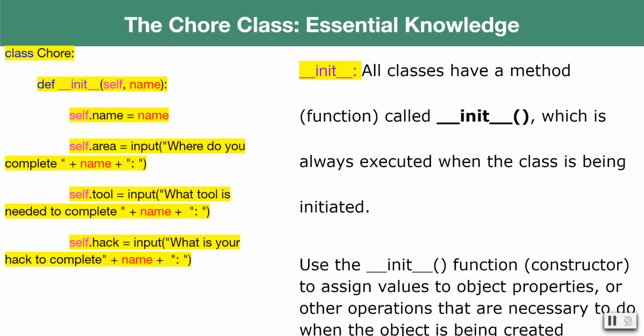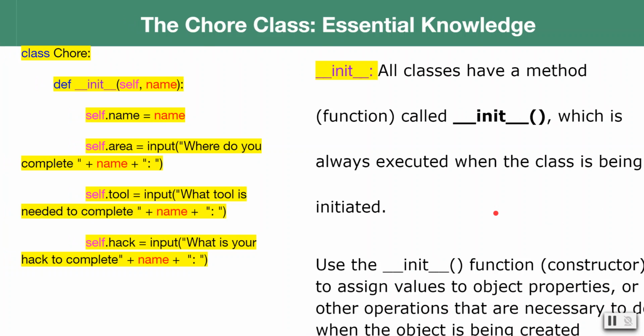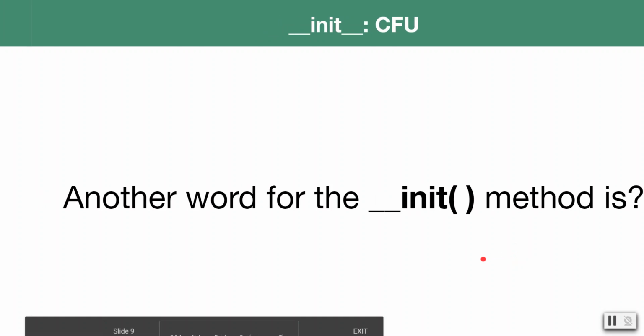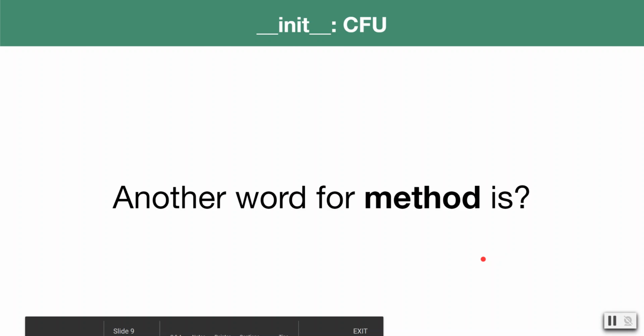The init function, or I should say method, is the constructor that allows you to define what and how that object in the class looks like and what those parameters and values are. Cool. Another word for the init method is what is another word for method?